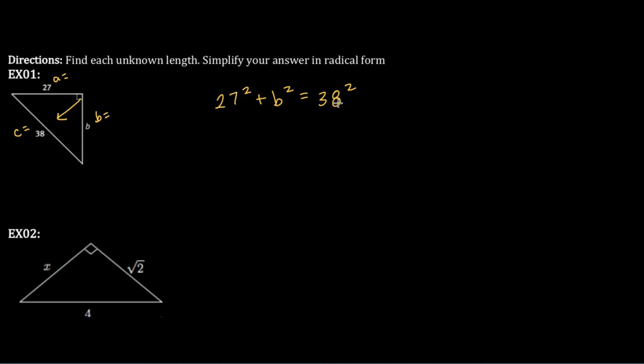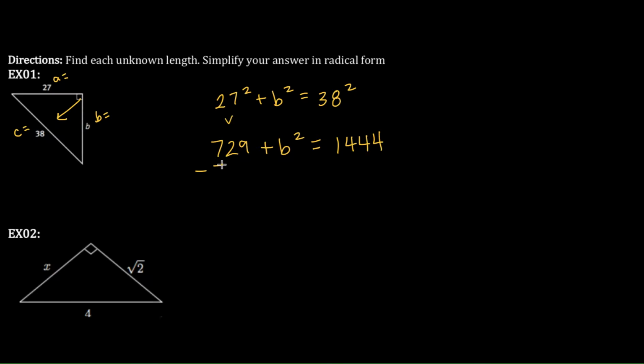So let me make sure I have this ready because I won't be able to multiply these in my head. So 27 squared is 729. 729 plus b squared equals 38 times 38 equals 1,444.